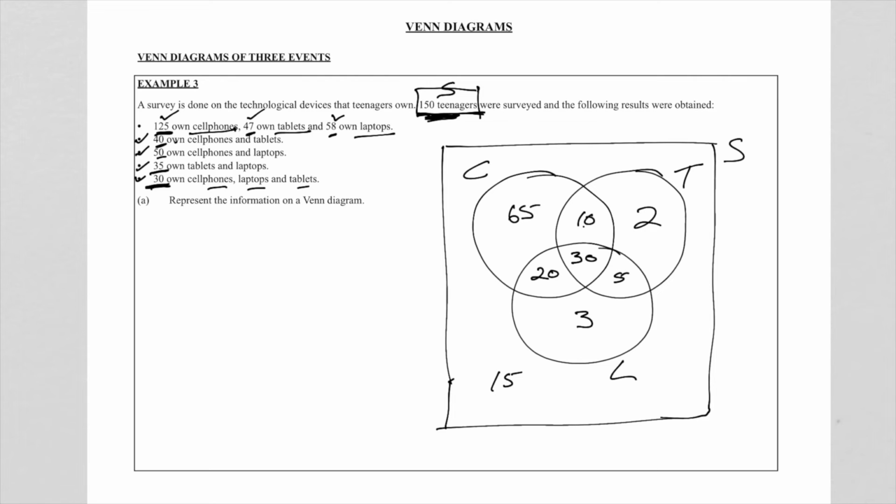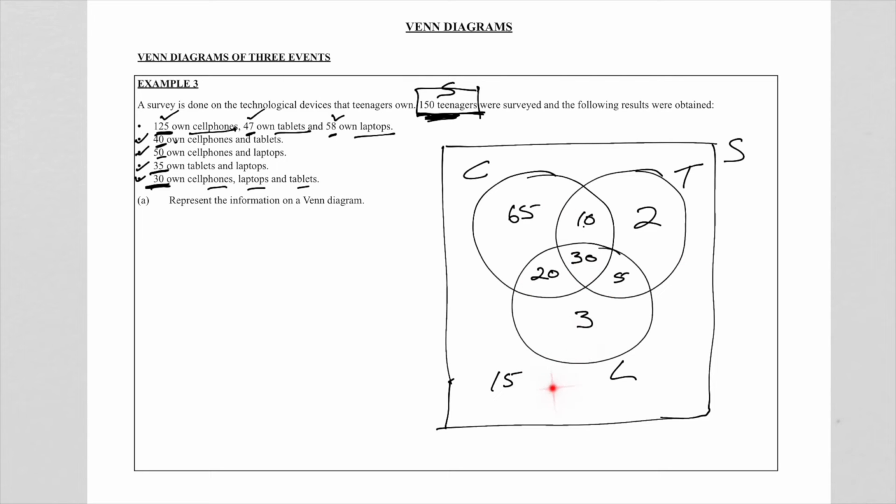So we want those who own 2 devices, 1 device, but we also, very important, include the 15, and that is the 0 devices. Remember, it was a maximum that was given to us. So it means we must add the 65, the 2, the 3, the 20, the 5, and the 10, and the 15. So that is what we need to add, or even easier, everything except the 30.